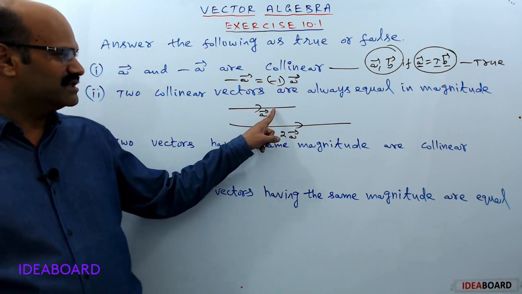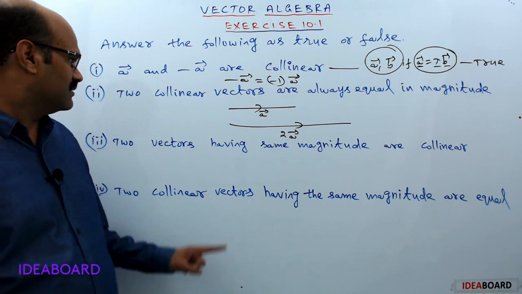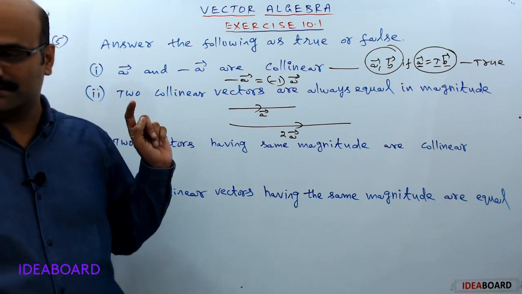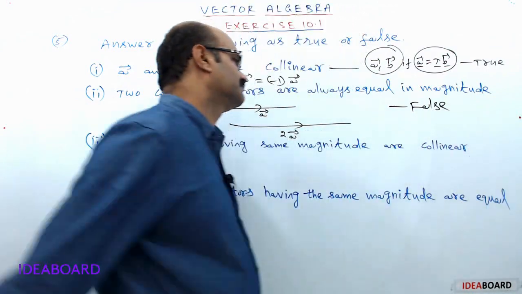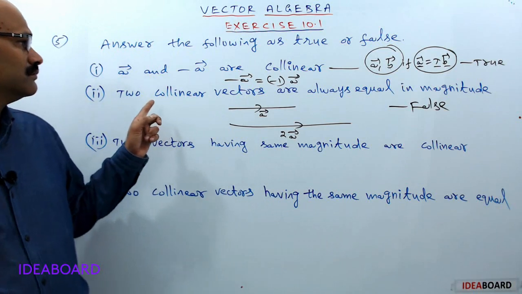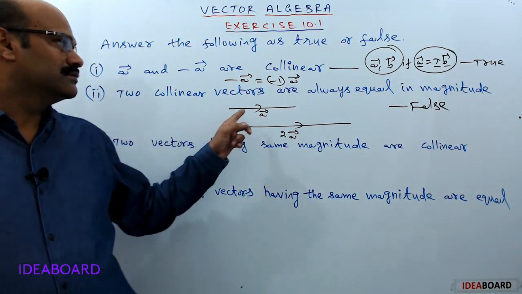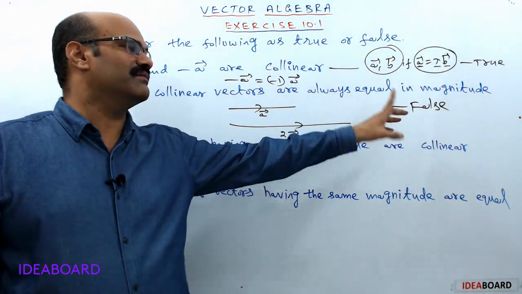The magnitudes of these two vectors are not the same. So we say that it is false. Collinear vectors are not always equal in magnitude.